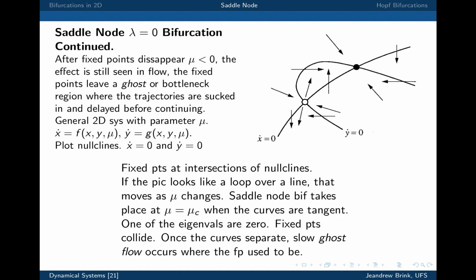The weird thing that can happen is if it's not just tangent, but quadratically tangent. In other words, if you have that it's not just a line on a plane, but when they leave, you have the plane and the curve having the same gradient. So that's a special case, but it's still going to be the same type of bifurcation.